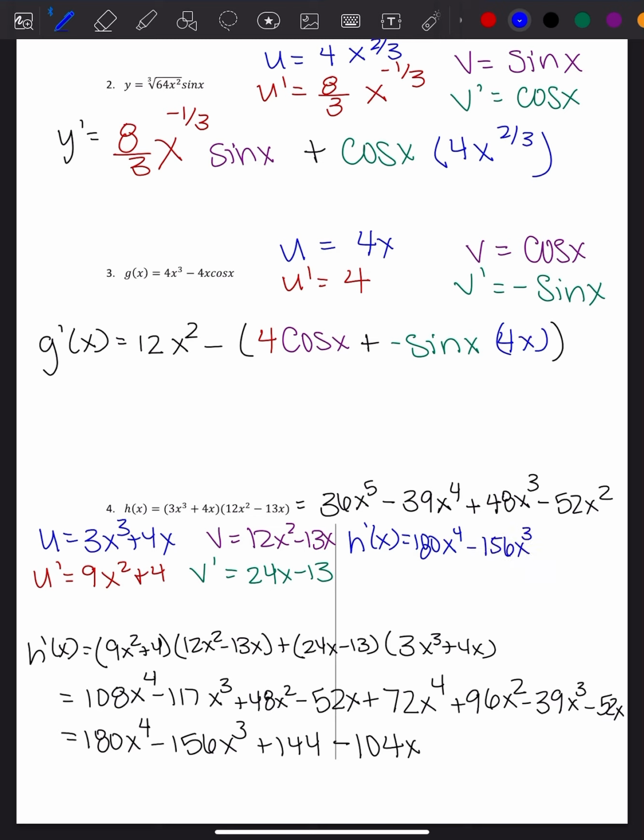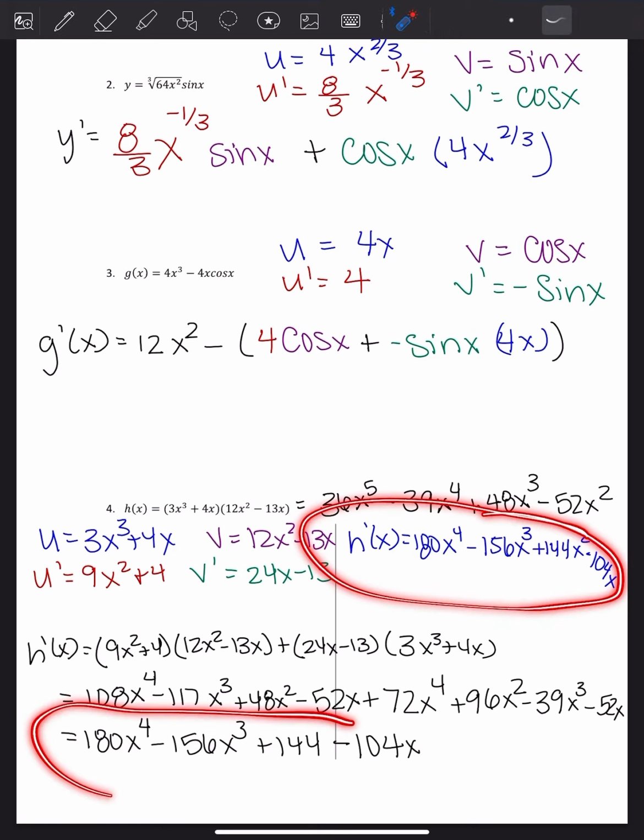Take 1 away from the exponent. 48 times 3. Take 1 away from the exponent. And then 52 times 2. Take 1 away from the exponent. So if I were to look at these, they are giving me the exact same answers.